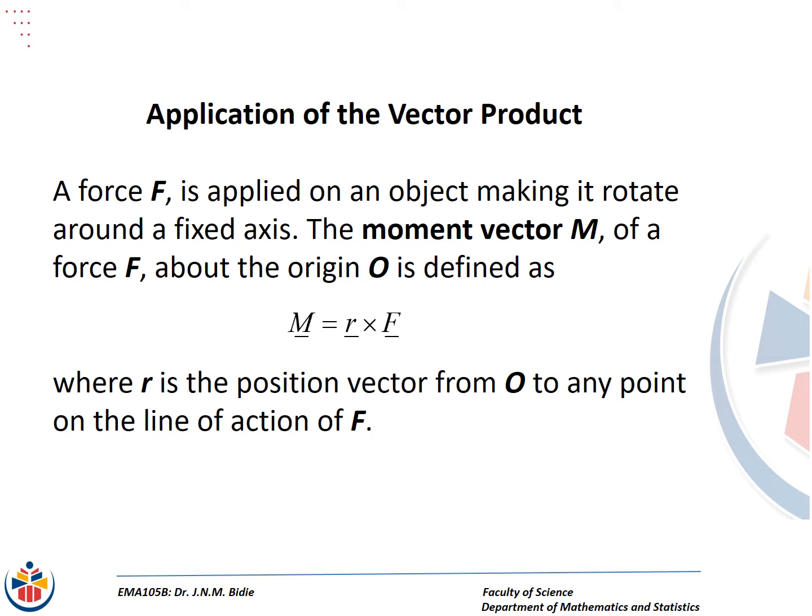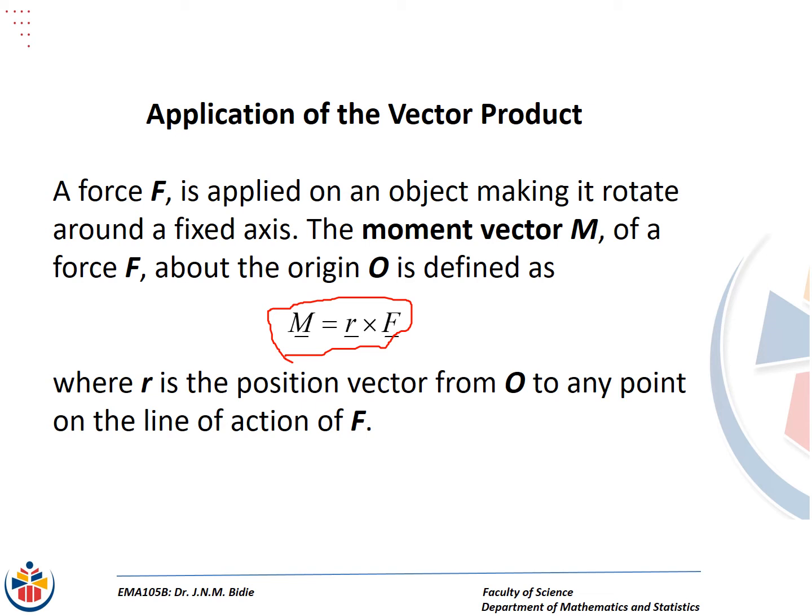So if F is applied on an object, that makes it rotate about a fixed axis, then the moment vector of the force about the origin is defined by M equal to the position vector R cross our force F. And note that R is the position vector from the origin to any point on the line of action of F. So we're always looking for the moment vector about the original point.